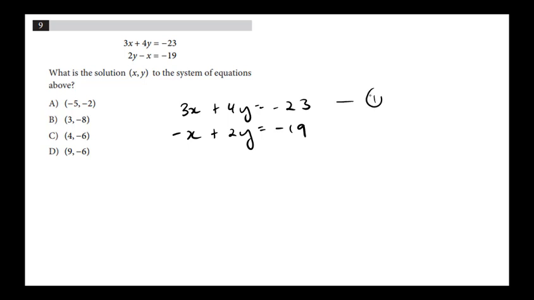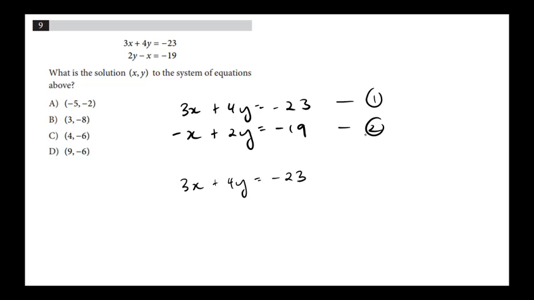And then if I call this equation 1 and equation 2, if I add or subtract these, at the moment I don't cancel anything, nothing gets eliminated. So I need to change one of these expressions by multiplying everything by the same amount and create an equivalent equation.